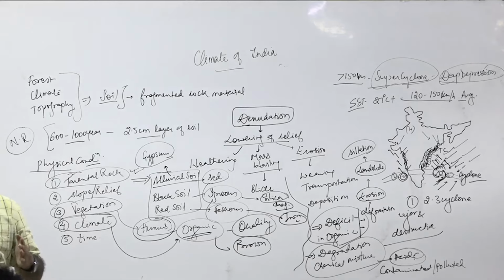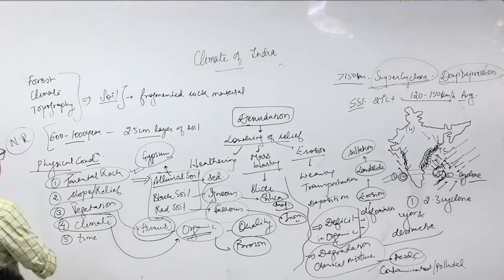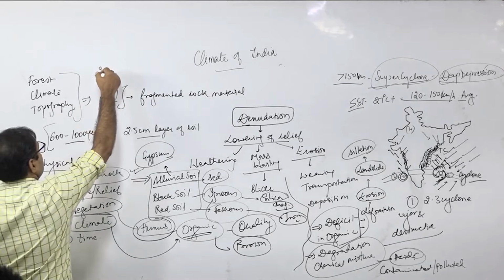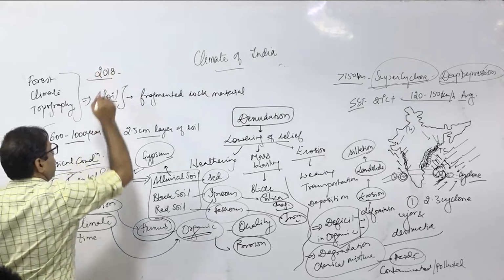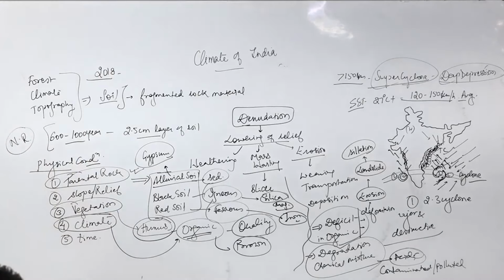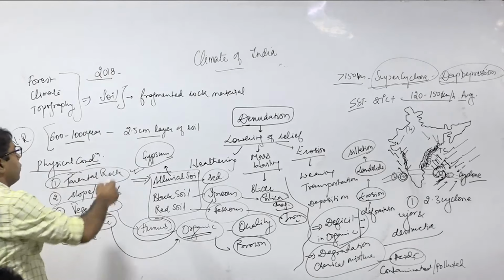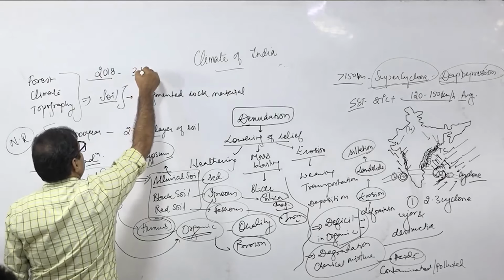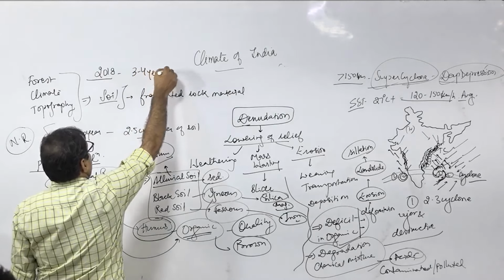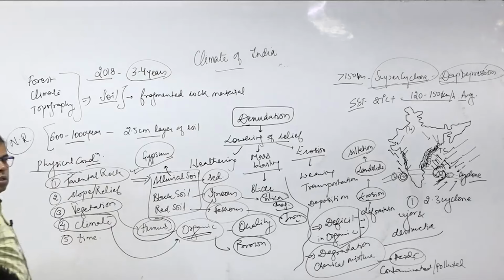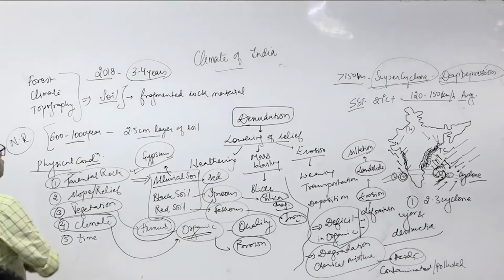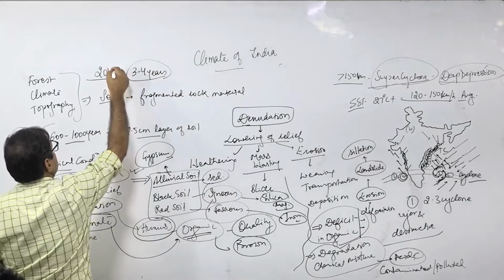Okay. Then El Nino, the last El Nino occurred in the year of 2018, right? And El Nino occurs on an average in 3 to 4 years because of the global warming, right? It was supposed to be last in 2016, it happened in 2016.